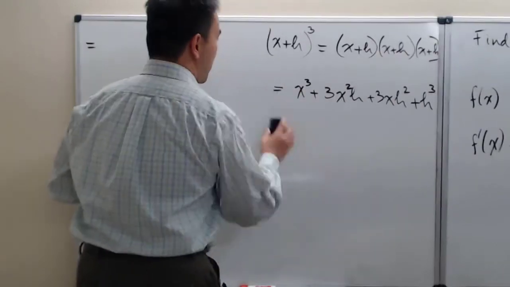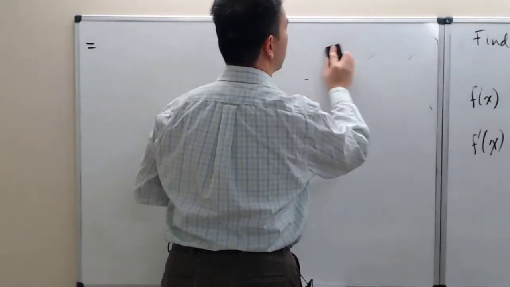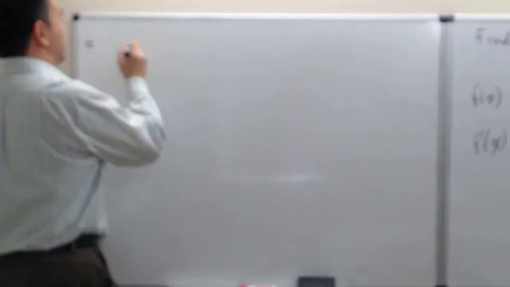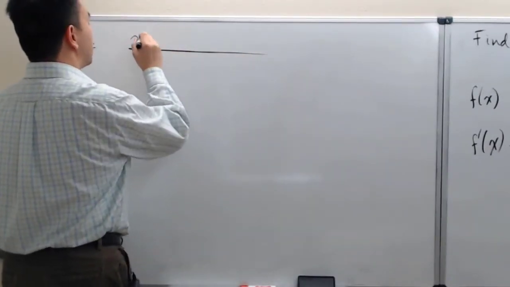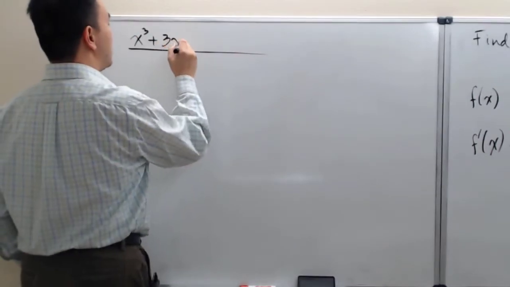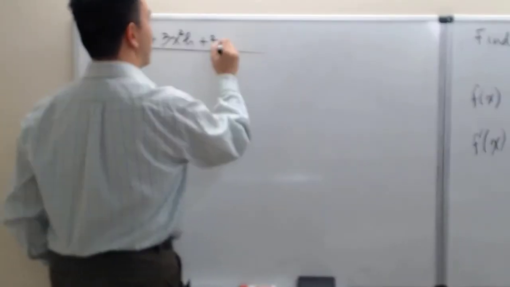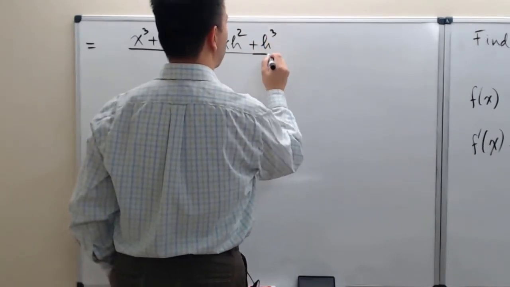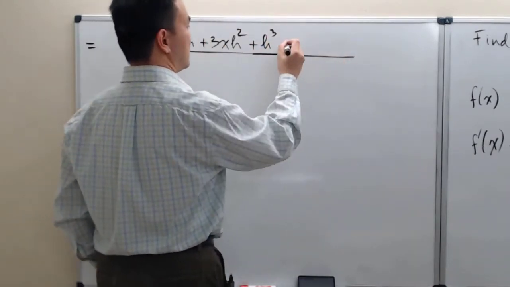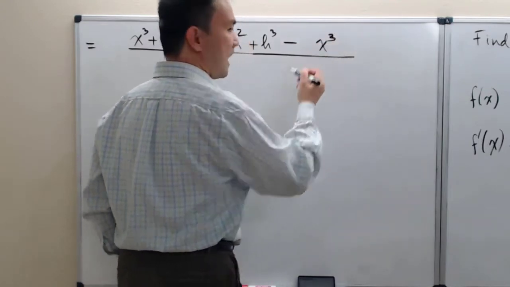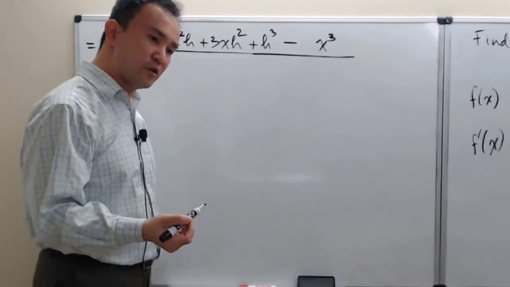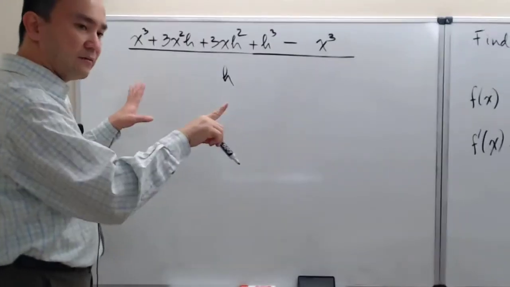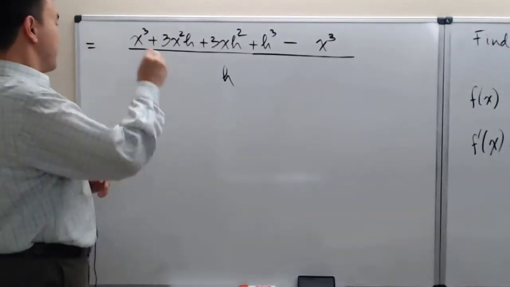And so in that way, here's my next step looking like: x cubed plus 3 x squared h plus 3 x h squared plus h cubed. And as we keep going further into calculus, I highly recommend that you review your algebra skills, your algebra fundamentals, so that you can understand any of these easily.